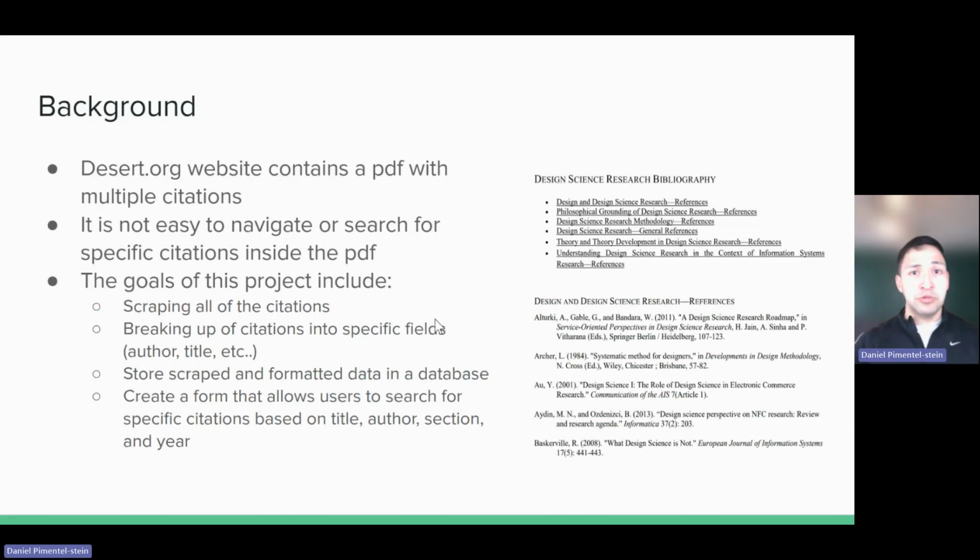And then we needed to store all of this scraped data in a database in the cloud. And then we also needed to create a form that will allow users to search for specific citations based on, again, title, author, section, and year. And here's just a quick screenshot of part of the document. As you can see, it's just a straight PDF document with a bunch of citations on it.